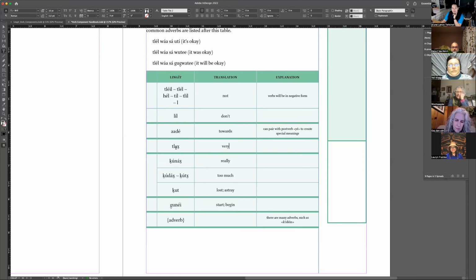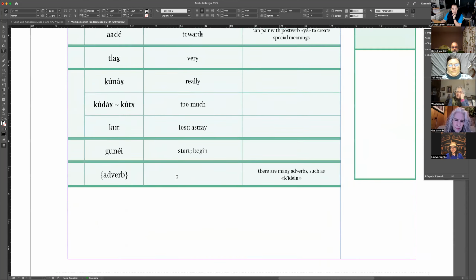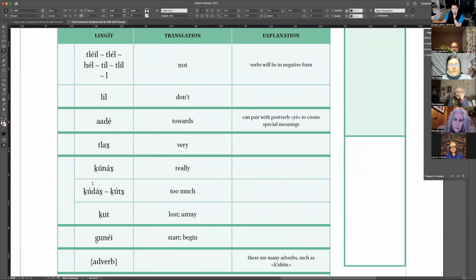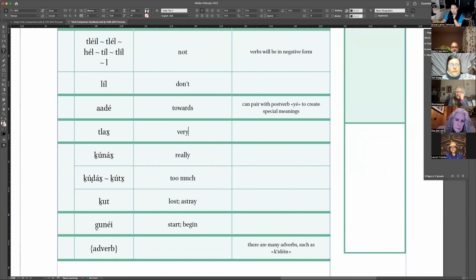Then you have tlach, which is very, kunach, which is really, kudach, too much, which can contract. So this little squiggly line means it can contract. So kudach can become kudch, cowardly itchy, kudachayanaha, right? You could say it if you wanted to. Some of them, they do just contract and become a name though.